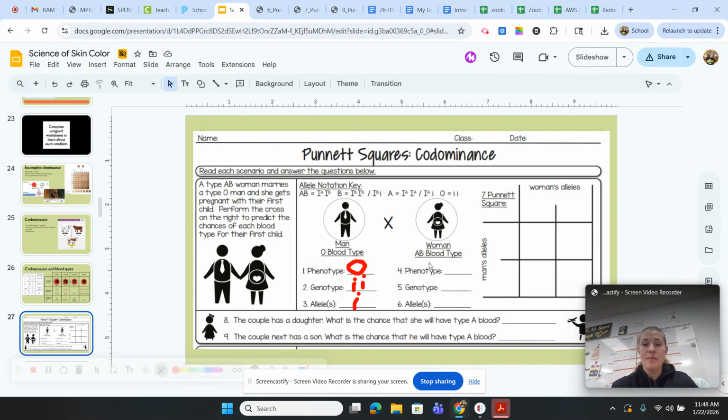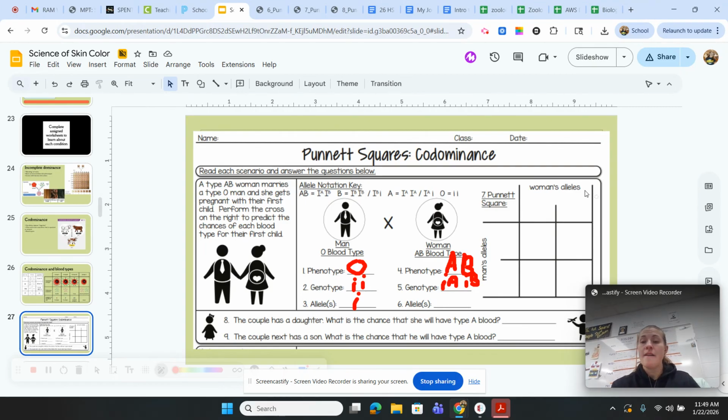If a woman has type AB blood, her phenotype is A, B. And her genotype would be I with a little superscript A and I with a little superscript B, and those would be her alleles as well. So you would list those down below.